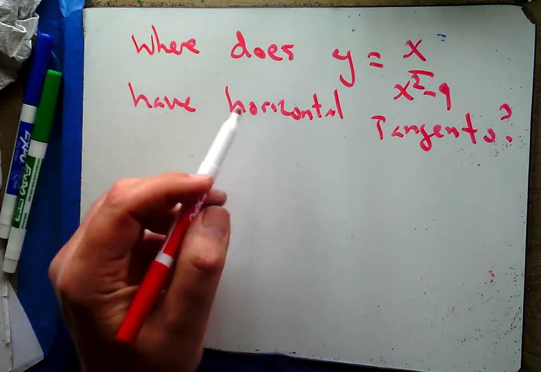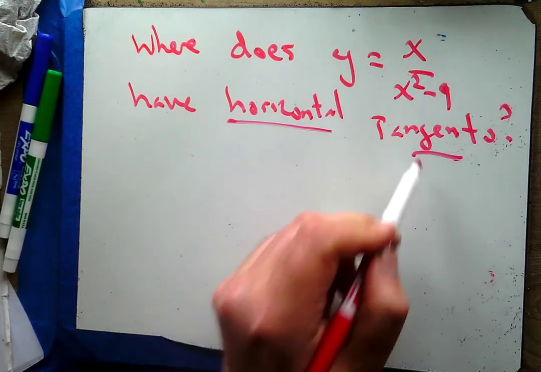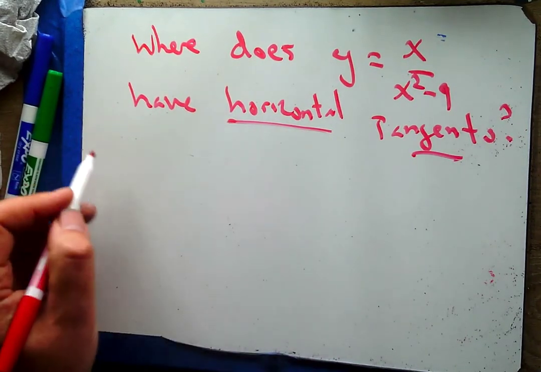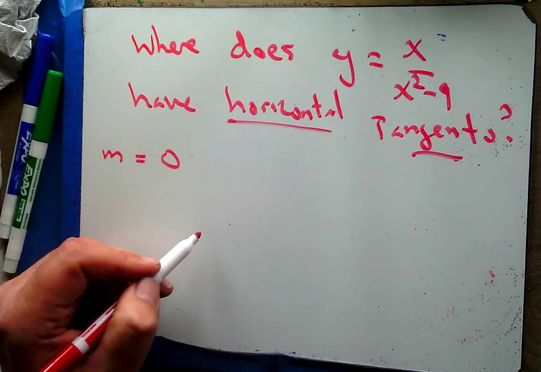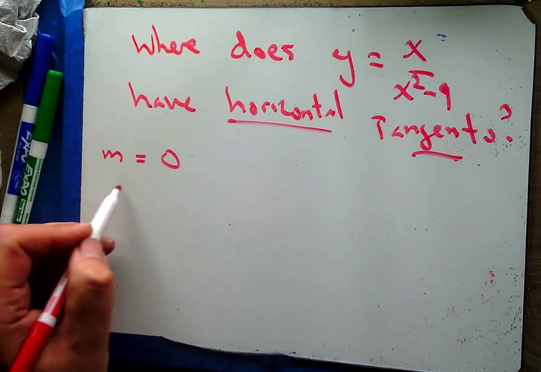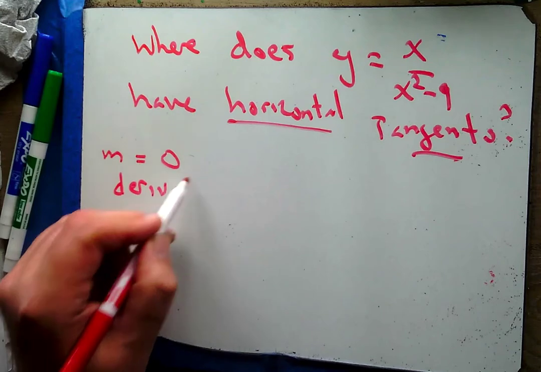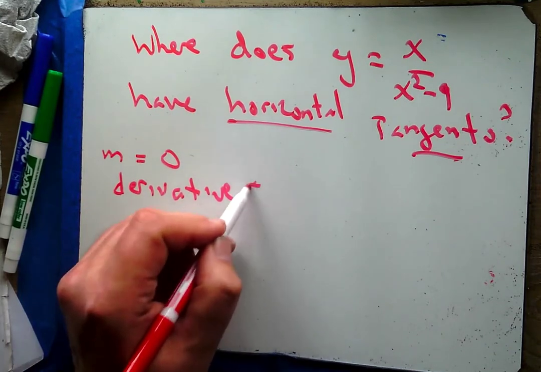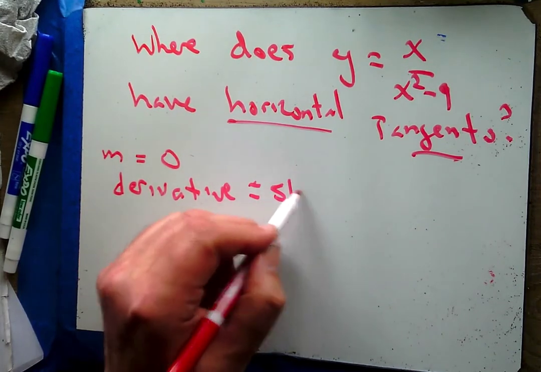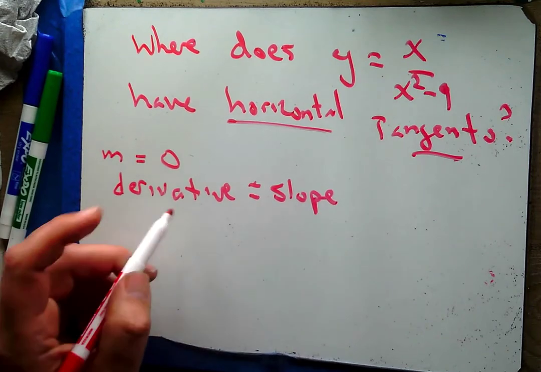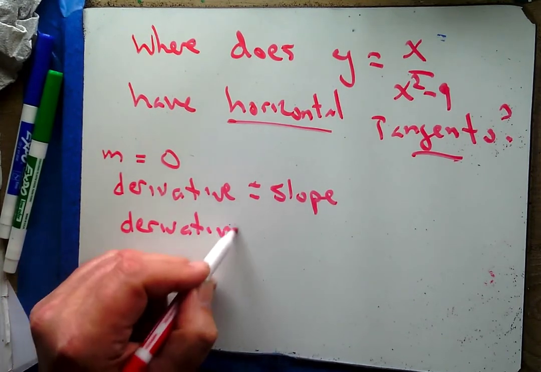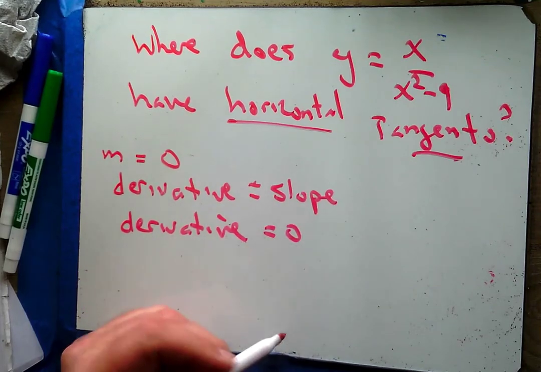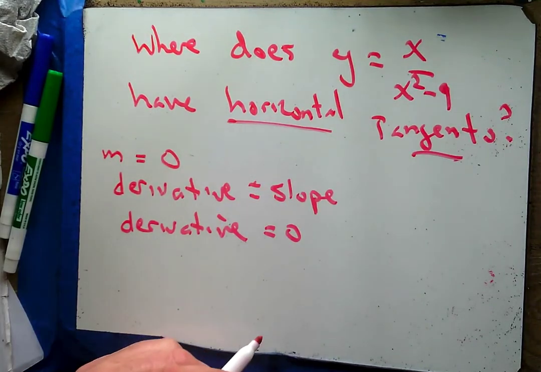Look, it's easy. What do you know about the slope of a horizontal tangent? The slope of a horizontal tangent is equal to 0. What's another word for slope? Derivative is a synonym for slope in our class. So what I want is the derivative equal to 0. That tells me where I have horizontal tangents.